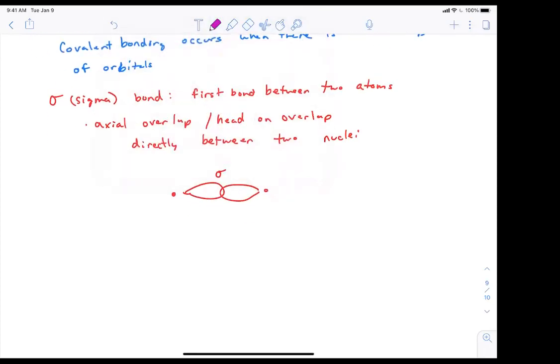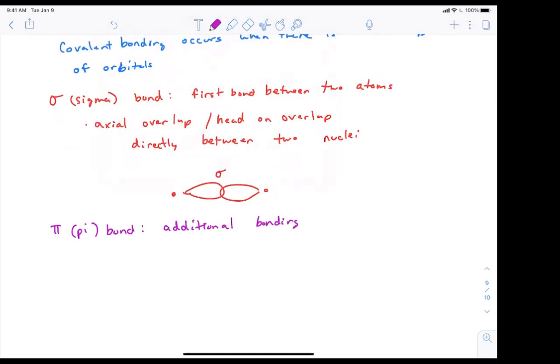Now, because there's only room for one bond there, because you can only overlap once in that space, this introduces what's called a pi bond for additional bonding.